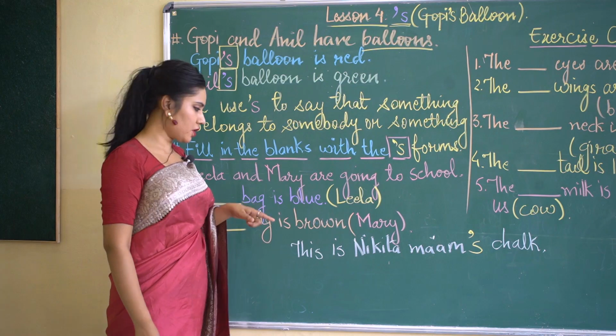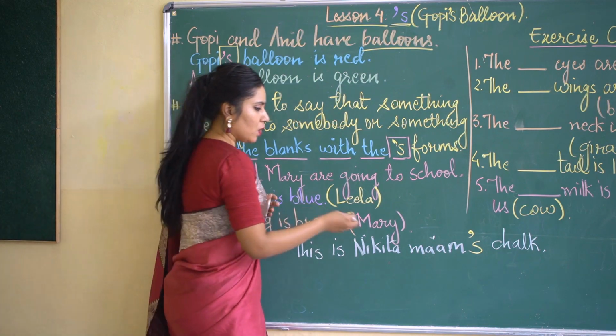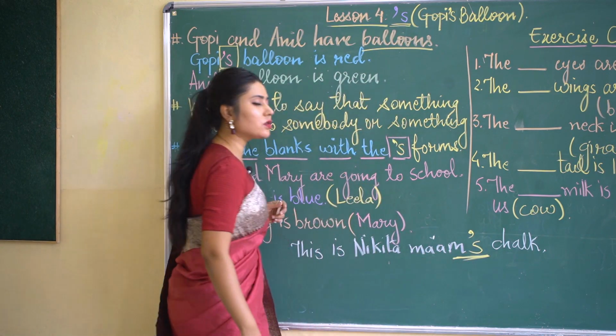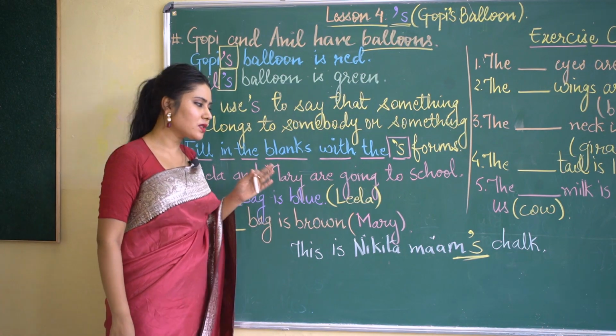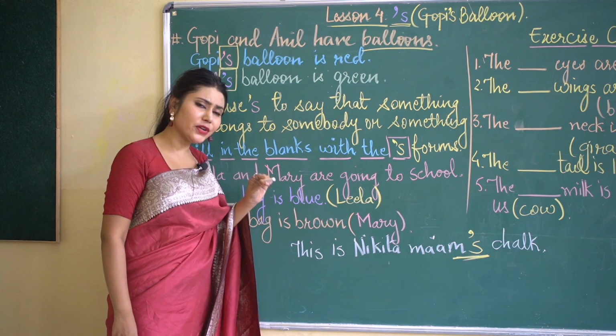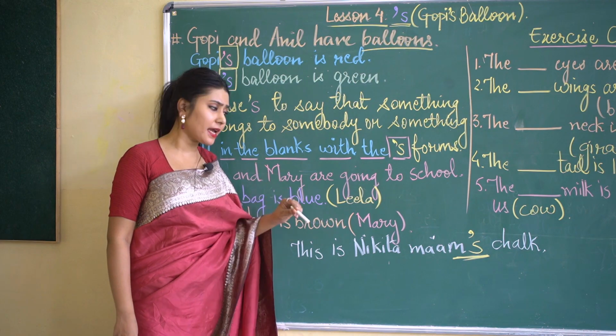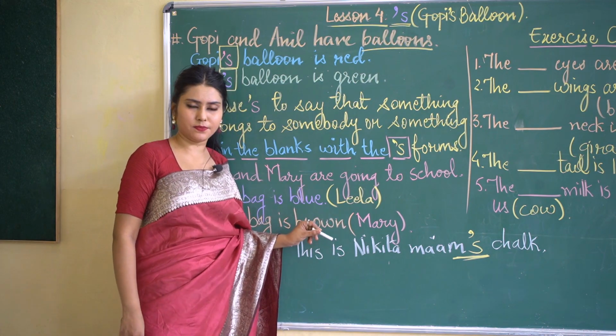See, what did I mention by writing this? That whenever you apply an apostrophe S, it tries to tell you that this particular thing or item or object belongs to that person. You understand?